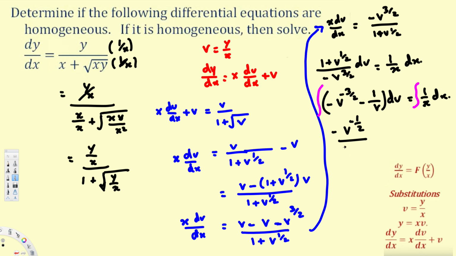And also divide by minus half. And then on the other side we are going to have ln v, right? And then on the other side of the equation we are going to have ln x. Now this minus minus cancels each other, and we can bring this 2 to the top. So this is going to be 2, and this is v to the power negative half.